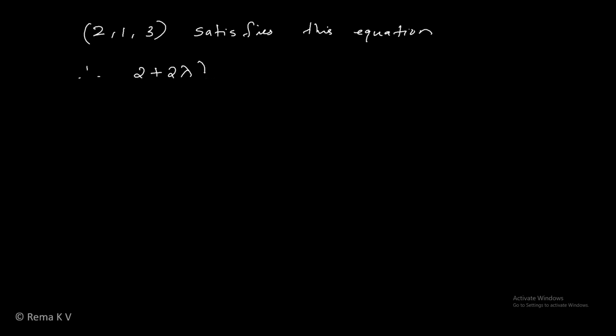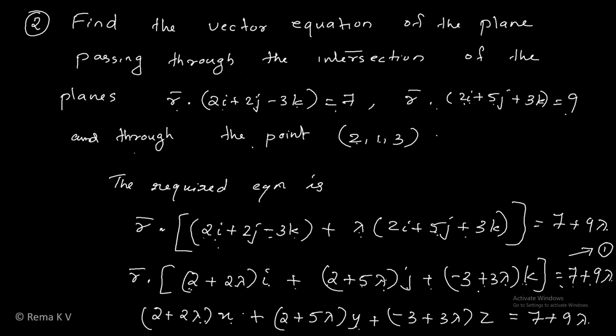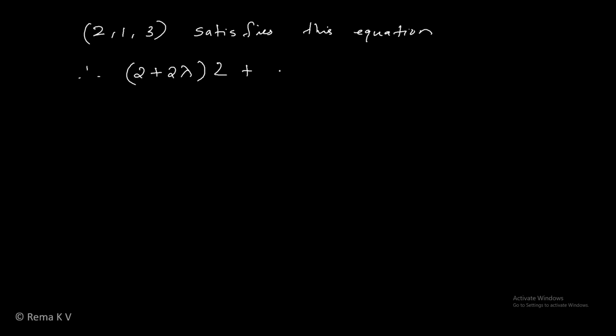2 plus 2 lambda into 2 plus 2 plus 5 lambda into 1 plus minus 3 plus 3 lambda into 3 is equal to 7 plus 9 lambda.